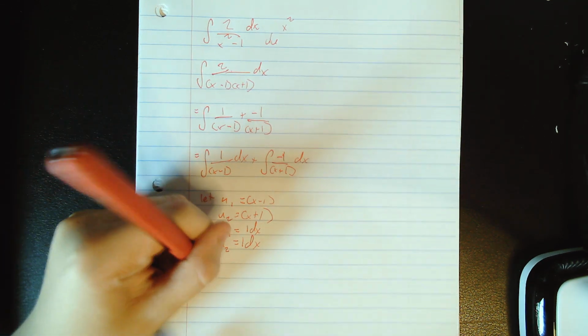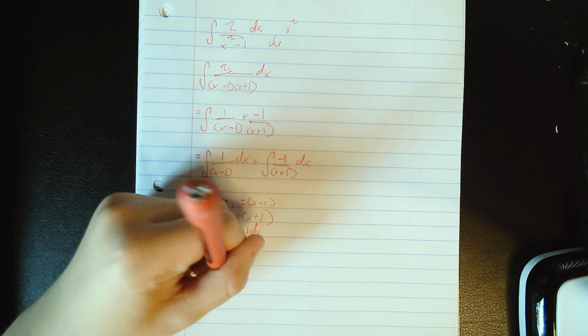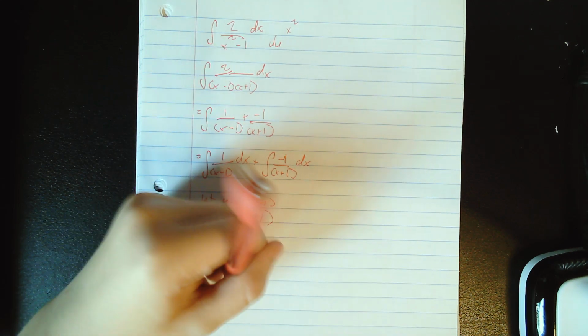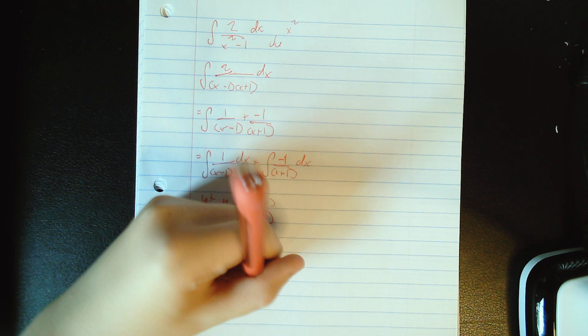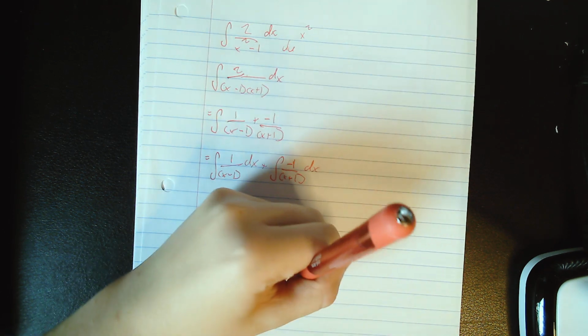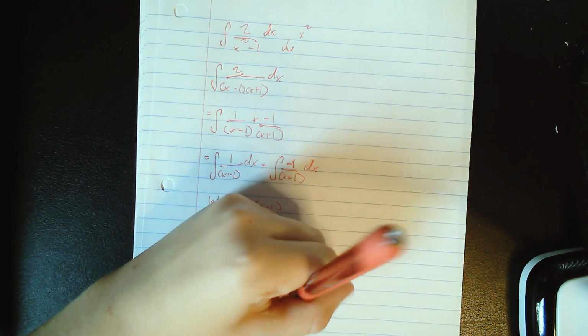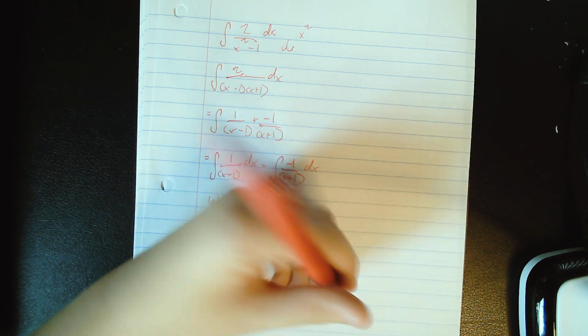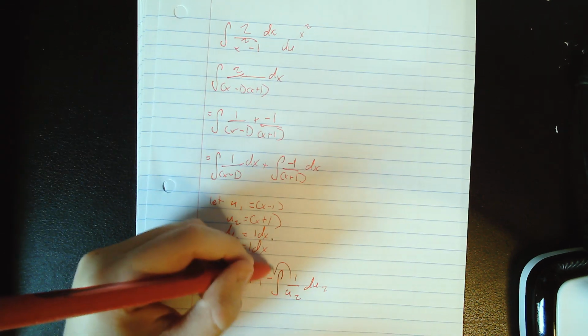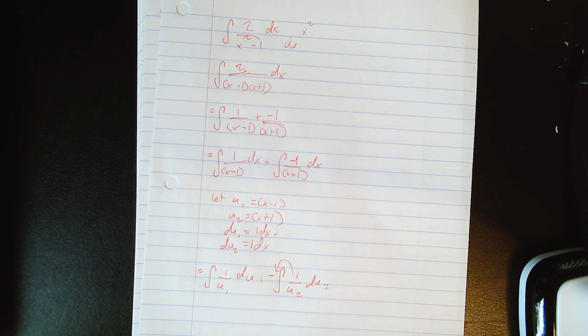So then we're going to fill those back in, so it's going to be the integral of 1 over u1 du1 minus the integral of 1 over u2 du2. See what I did with the negative? I moved it to the front.